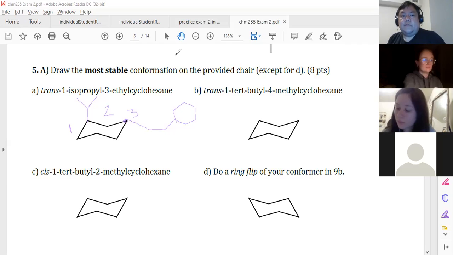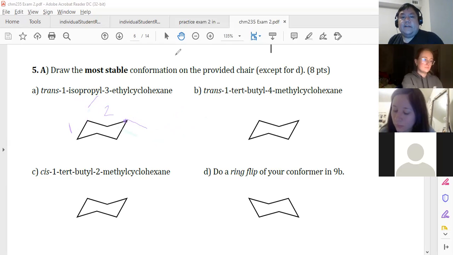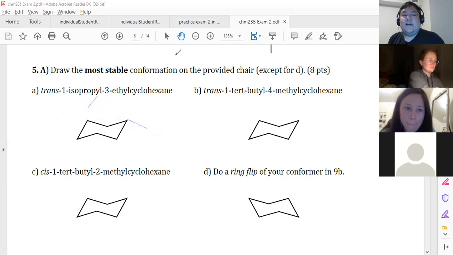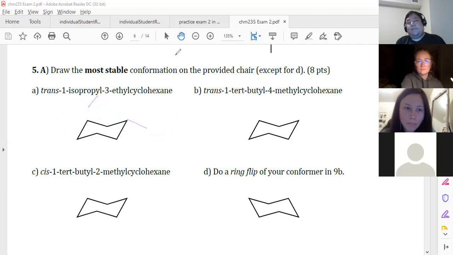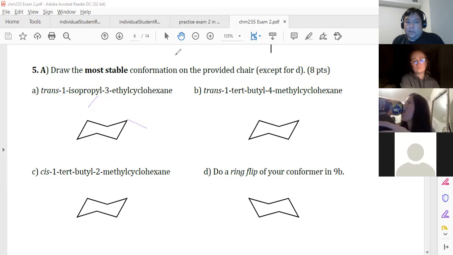So for the next one, right? Trans 1 tert-butyl 4 methyl cyclohexane, would they be pointing the same direction or opposite directions? Opposite. Yep. Does it matter if the tert-butyl is going up or down? No. It's just whatever direction I give it, the methyl cyclohexane has to be pointing the other direction.